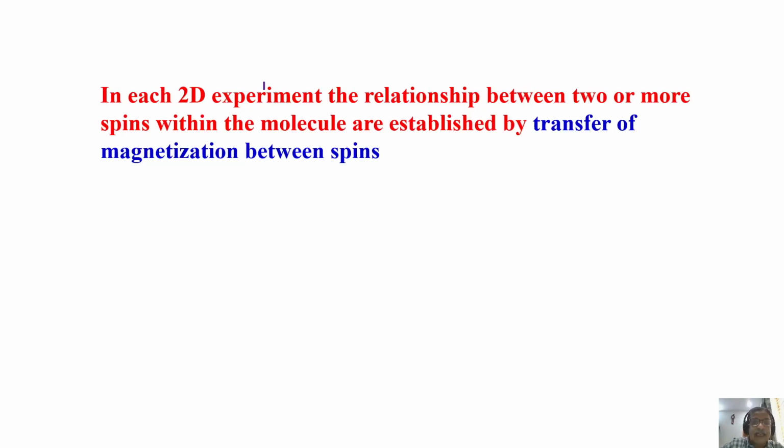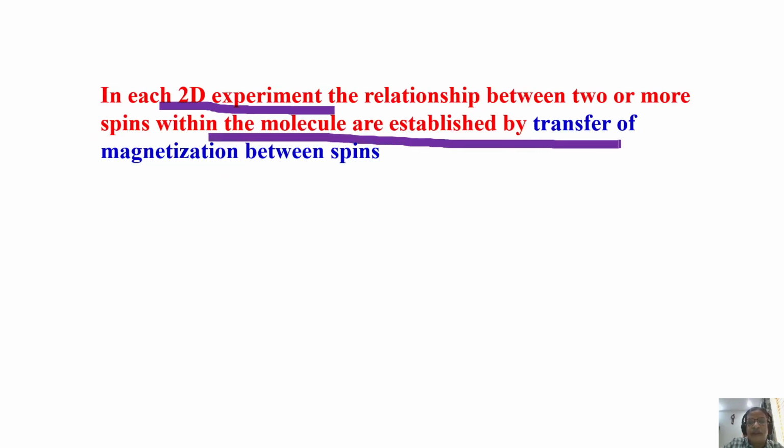But another interesting thing which I want to tell you is that in each 2D experiment, the relation between one or two spins within the molecule is established by what is called magnetization transfer. Because when two spins have to interact, there must be a transfer of spin polarization or spin magnetization. Otherwise, there is no interaction, right?